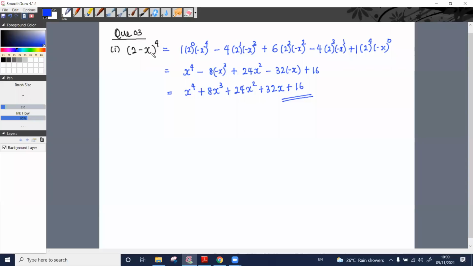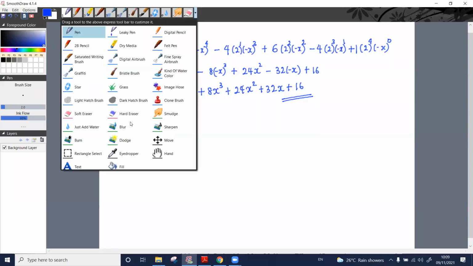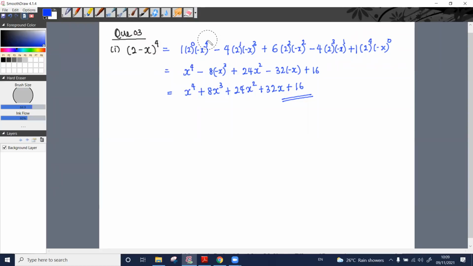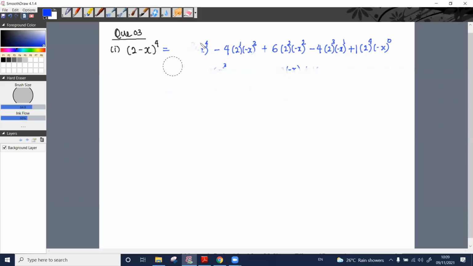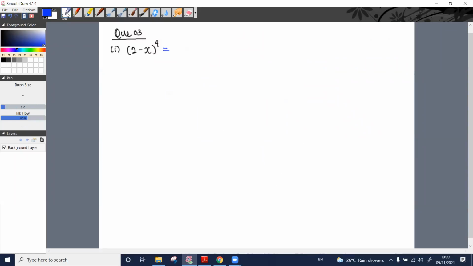Here we are not going to consider this minus sign in the second term. Sorry, this is wrong. So I will erase this one. This is wrong. So I mess up with pluses and minuses.